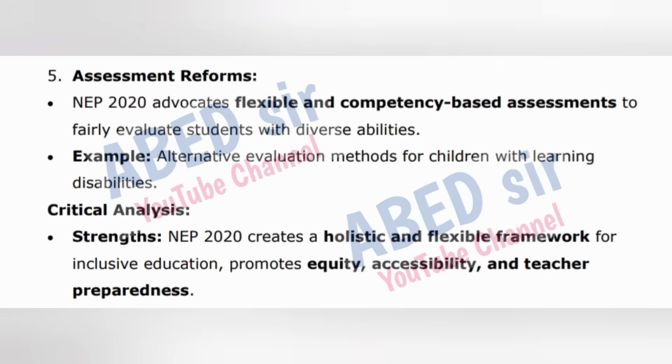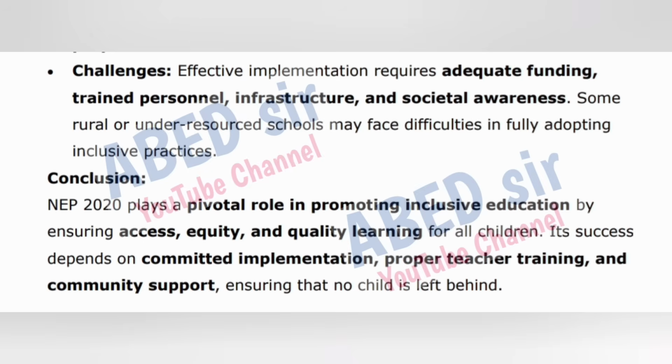NEP 2020 creates a holistic and flexible framework for inclusive education, promotes equity, accessibility, and teacher preparedness. Challenges. Effective implementation requires adequate funding, trained personnel, infrastructure, and societal awareness. Some rural or under-resourced schools may face difficulties in fully adopting inclusive practices.